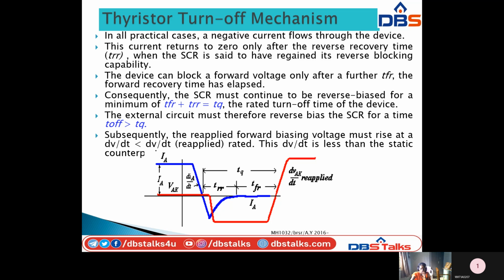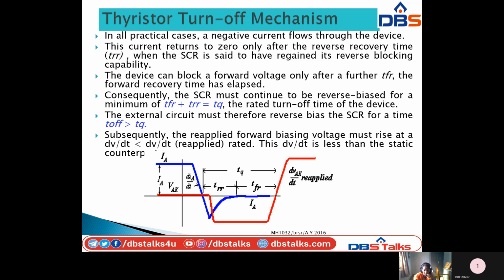The SCR must continue to be reverse biased for a minimum time, equal to the reverse recovery time plus the reverse blocking time, which is the rated turn-off time tq of the device. So the external circuit must reverse bias the SCR for a time greater than tq.